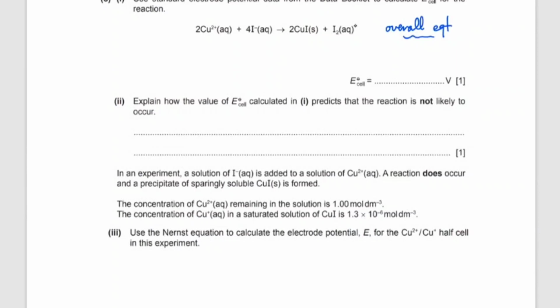Is it copper electrodes? No, but which one? There's a specific electrode, right? This is copper 2 plus and copper plus 1. So it's the copper 2 plus, copper plus electrode, right?